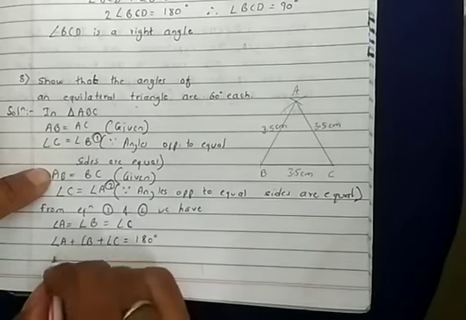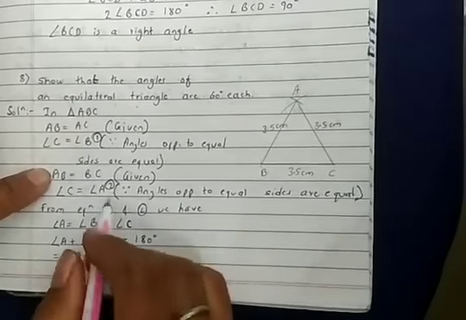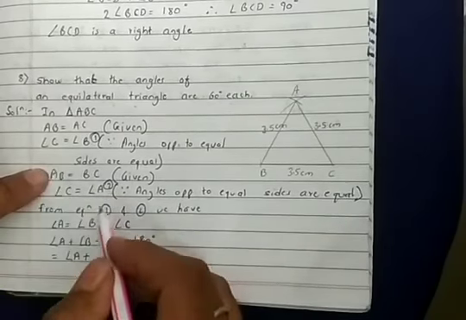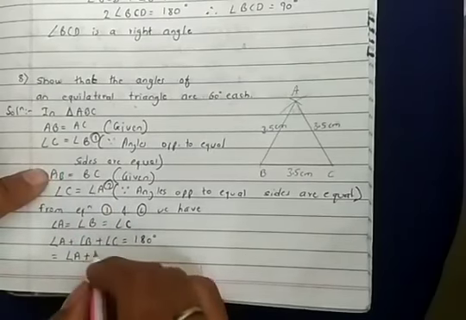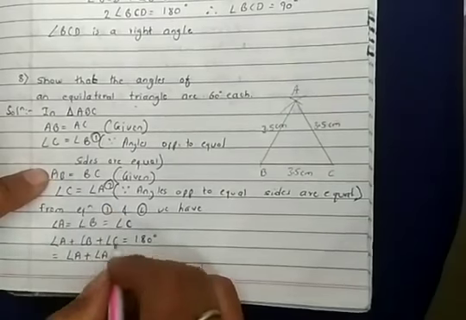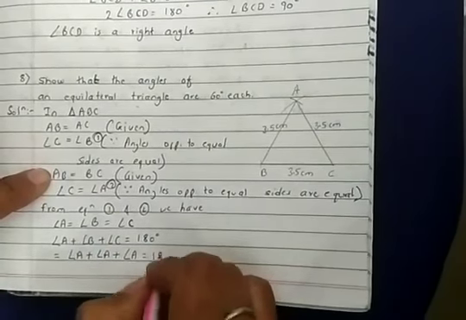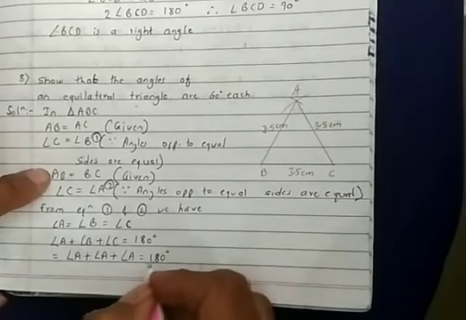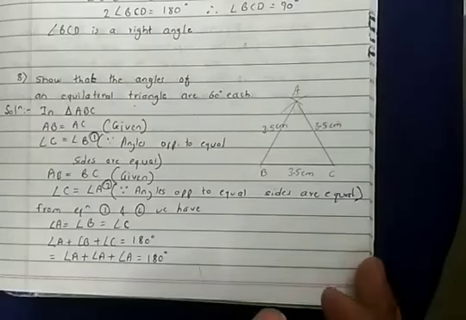Now if instead of angle B we write angle C, and angle C is equal to angle A, so we can replace angle B with angle A, and in place of angle C also we can replace angle A. So if we add all these three angles, the sum should be 180 degrees.